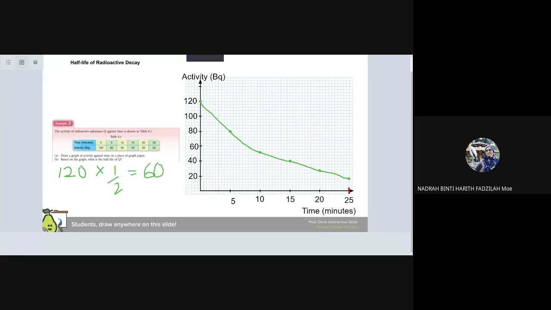So since the half life is at 60, okay, kita tengok dekat 60. Okay, and kita tengok dekat bawah ni berapa nilai yang kita dapat. Okay, so kita akan dapat nilai T and a half. Okay, half life dia kita boleh jumpa dekat sini lah. Berapa. Okay.